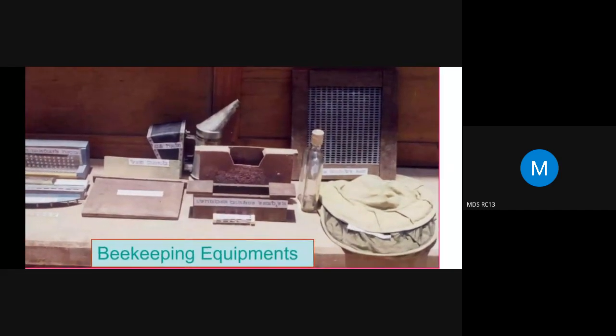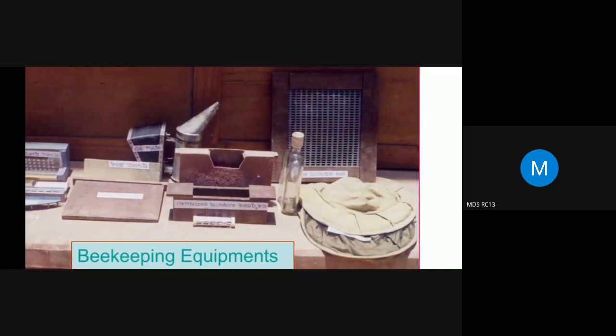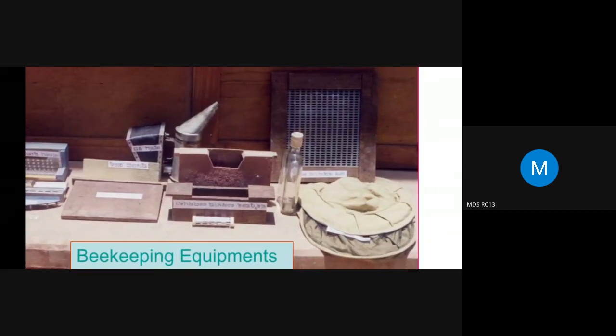And a bottle is for collection of honey. Next to this bottle, we have 2 structures that are used as feeders in the hive, where in off season, bees don't get flowers for nectar and pollen grains.